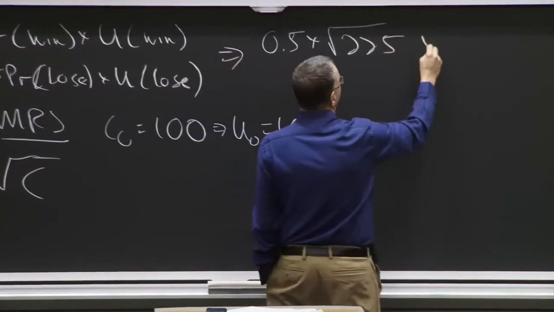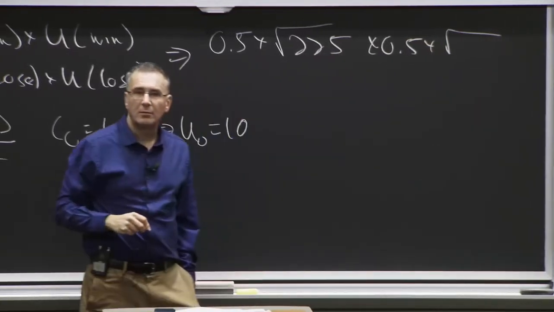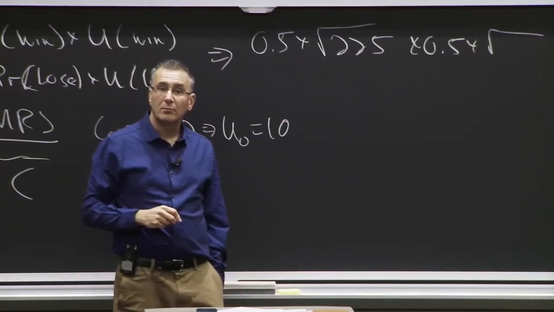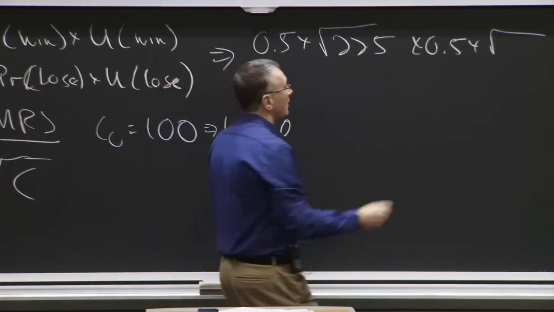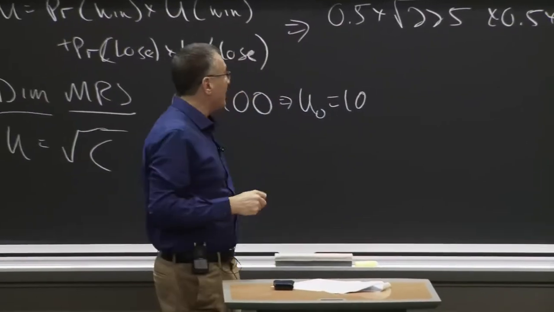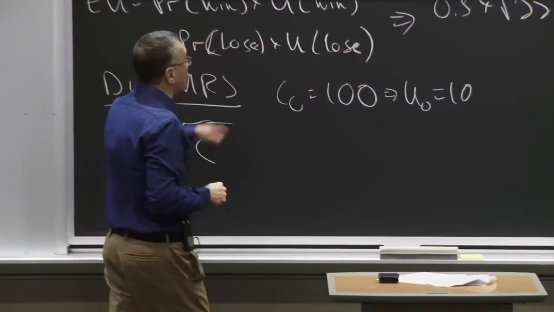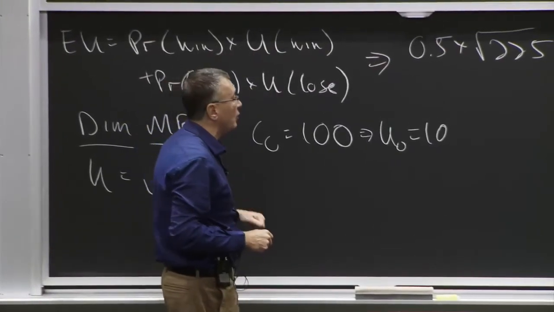If you lose the bet, what do you have? 0. So your expected utility is 0.5 times the utility of what you get if you win, plus 0.5 times the utility if you lose.